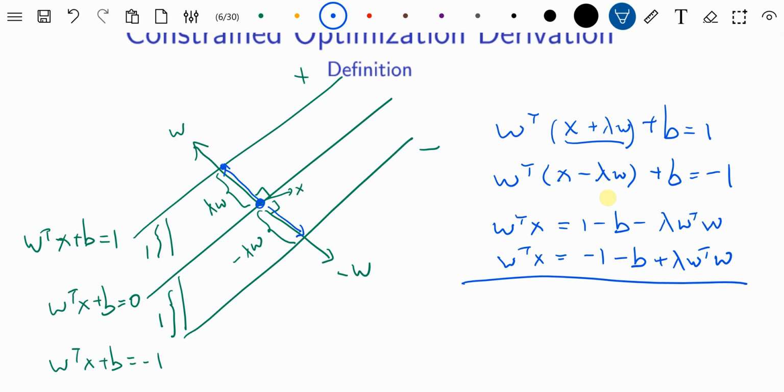So if we take the difference between these two expressions, the left side gets to 0, and the right side gets to 2 minus 2 times lambda W transpose W. So now we can find lambda: move the 2 to the other side, you get 1 over W transpose W.